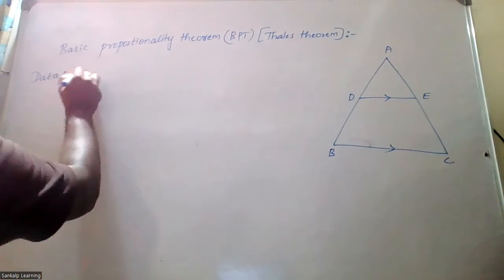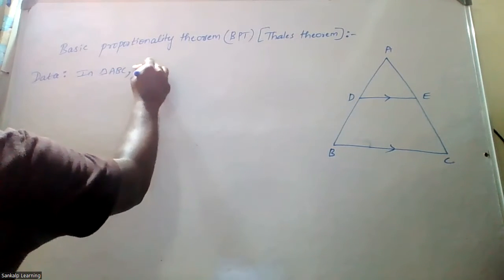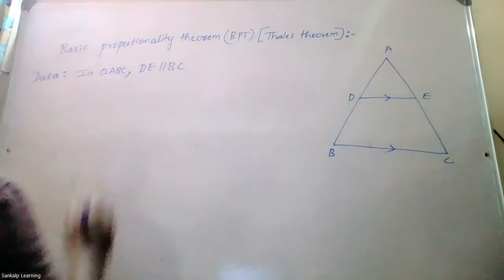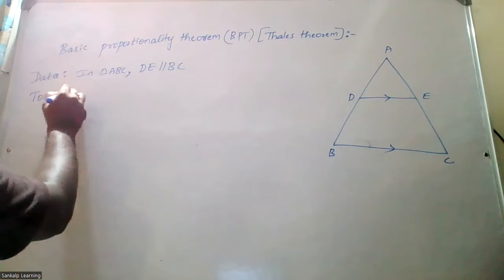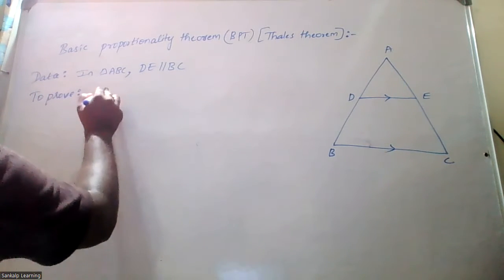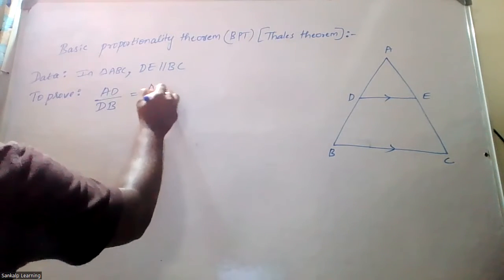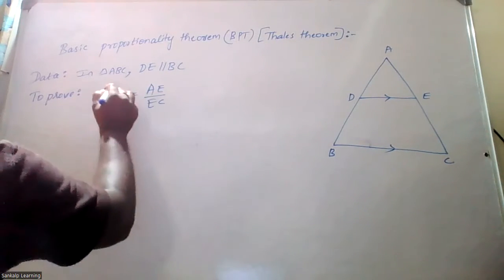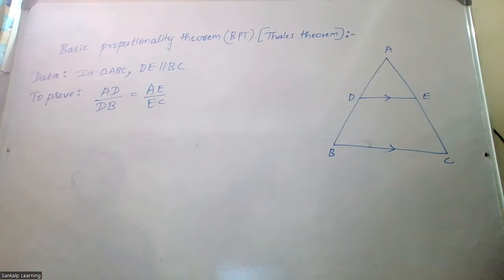So in triangle ABC, all we have got is DE parallel to BC. This is what we have got. And what should we prove? We must prove that the ratios, that is AD by DB, is equal to AE by EC, isn't it? This is what we have to prove. AD by DB is equal to AE by EC.